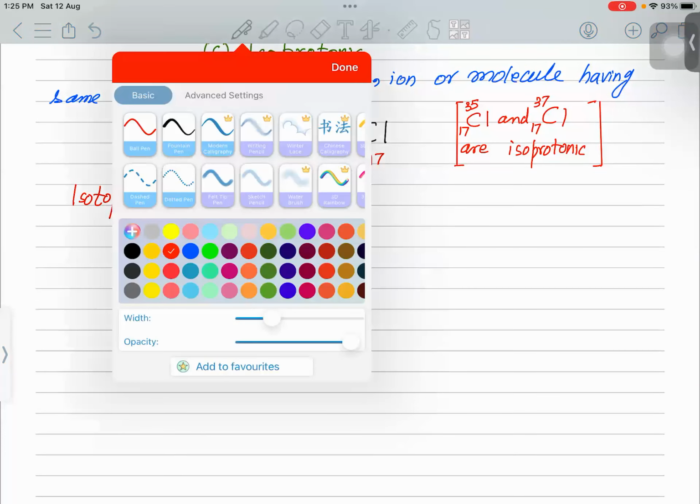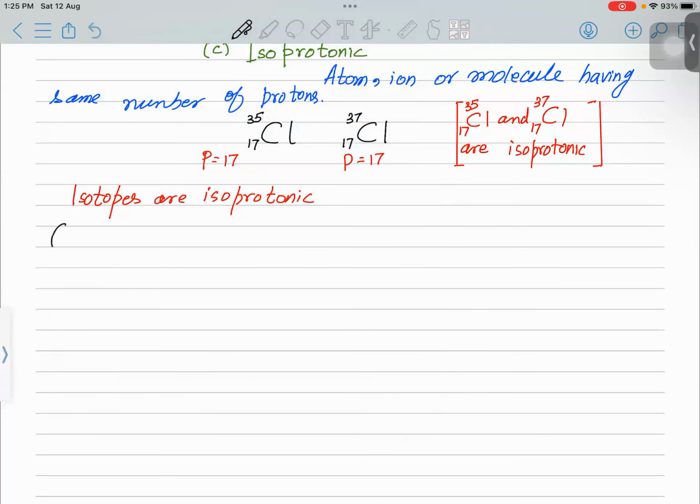Now, next question. Find the number of proton, electron, and neutron.